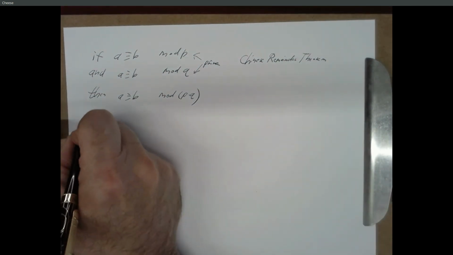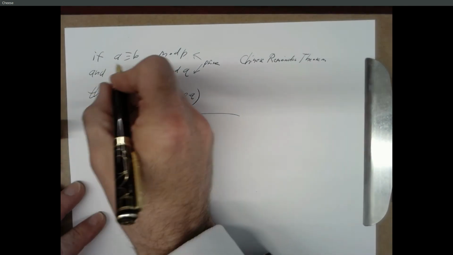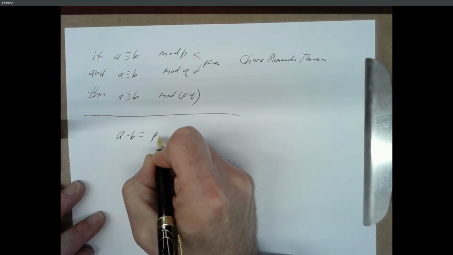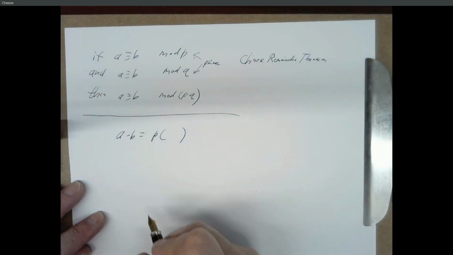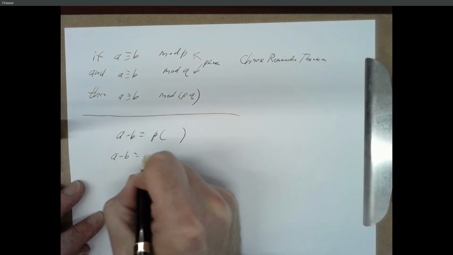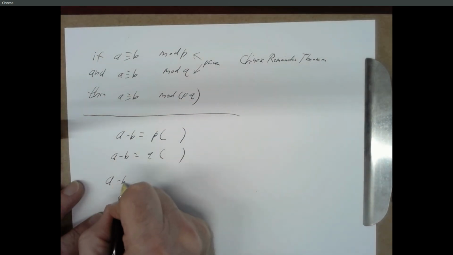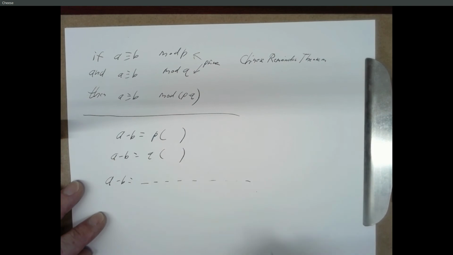And this is actually pretty easy to see, because if A is congruent to B mod P, this means A minus B equals P times something, and also A minus B equals Q times something. Well, we know we can write A minus B as a product of primes, and that product is unique, other than the order of these primes.